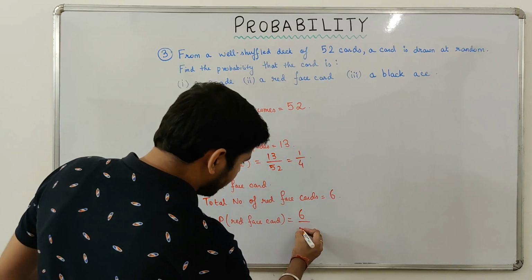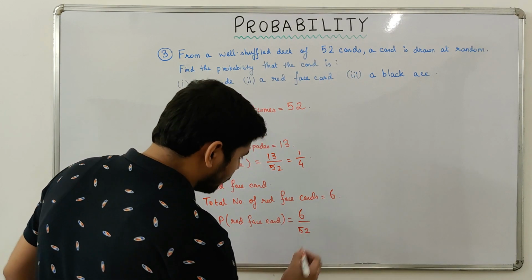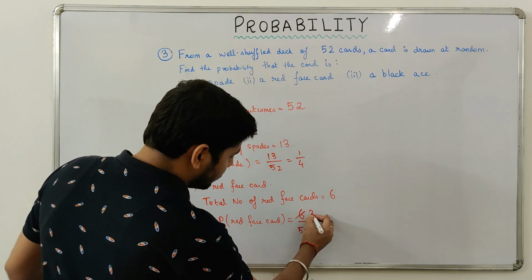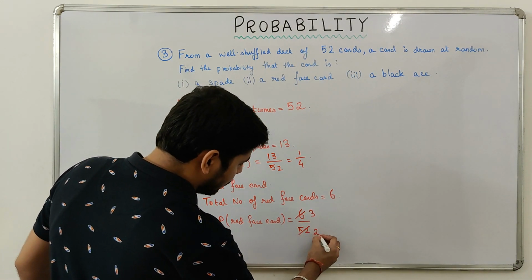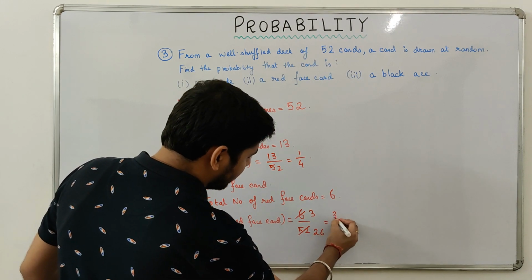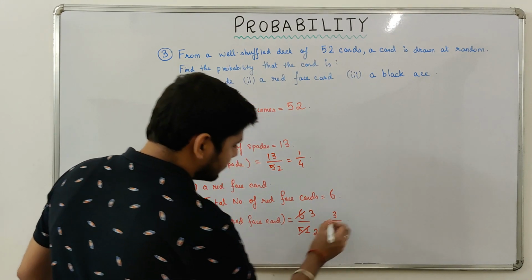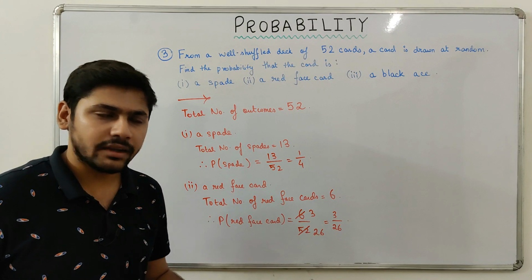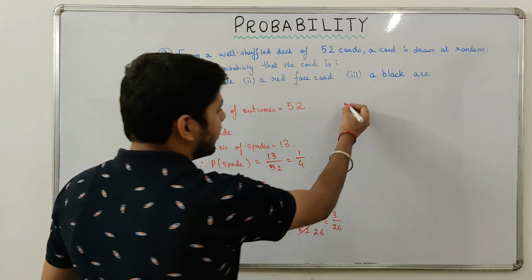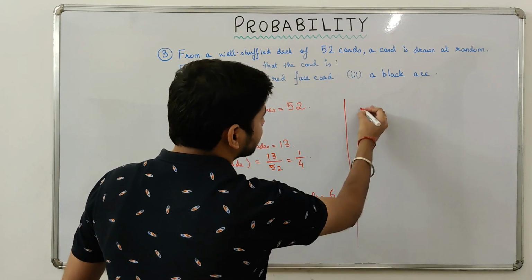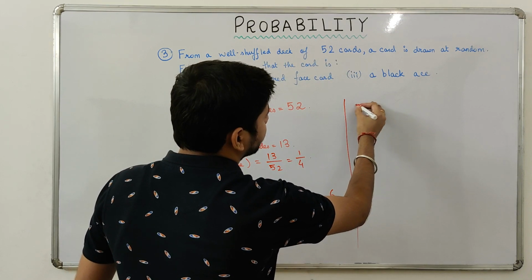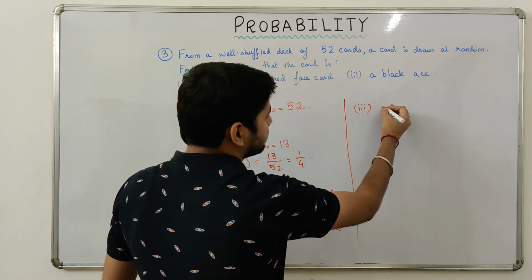So 6 by 52. 2 3s are 6, 2 26s are 52. So 3 by 26. Simple. Moving on to the third subpart, we have a black ace.